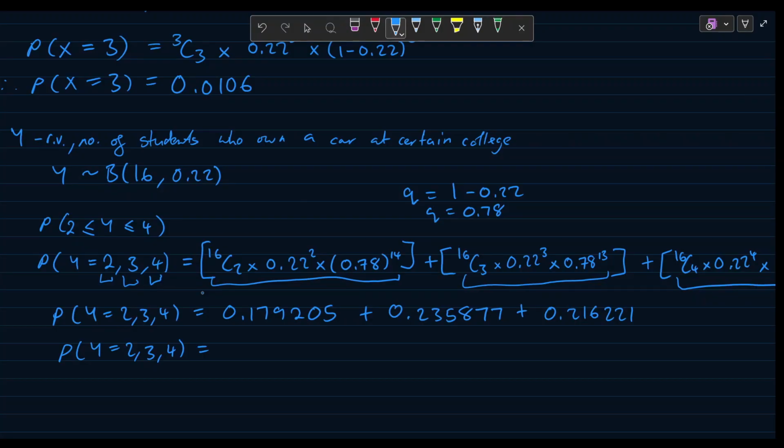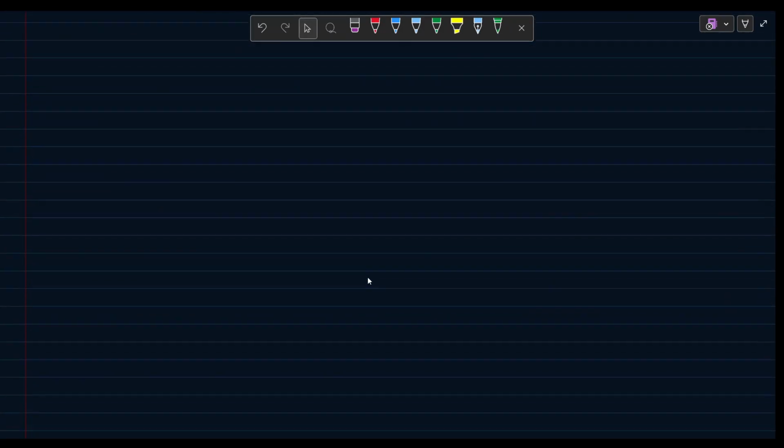So that's 0.179205 plus 0.235877 plus 0.216221, and that gives us 0.631, and that would be our final answer. Let's look at one more example of the binomial distribution.